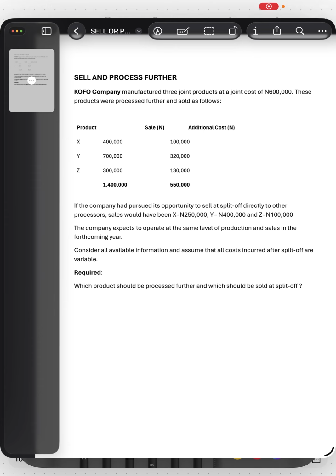They are processed further into X, Y, Z. So he produced a joint product which was later processed further into X, Y, Z and were sold at sales of 400, 700, 300. And the additional cost we are told is 100, 320, 120. So this is what it is.